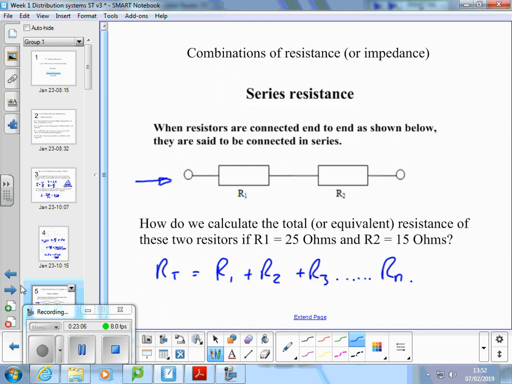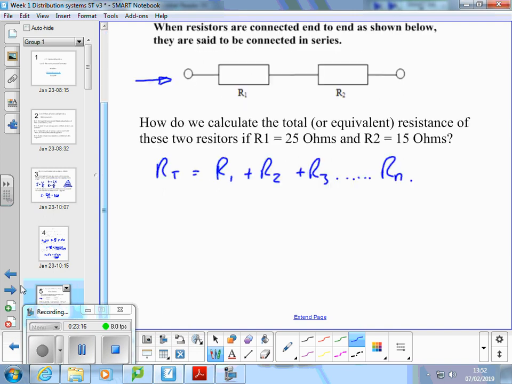So overall, the resistance must be greater than any one of them. And in fact, it is both of them added together. Yeah. So in this case, we've got RT equal to 25 plus 15 equals 40 ohms. Yep. And that's true for any number of resistors.